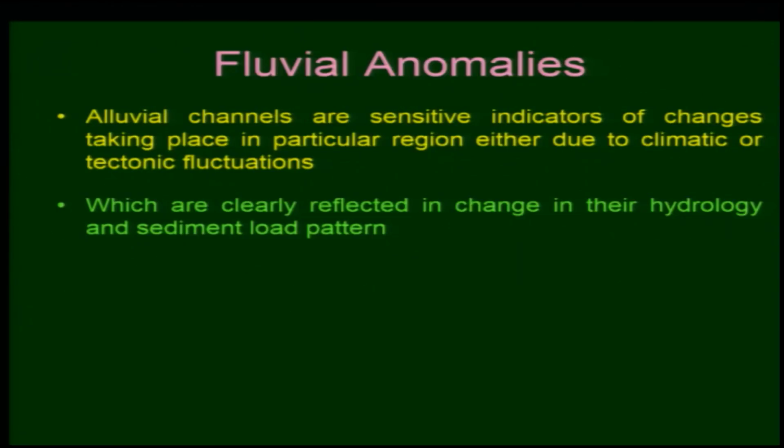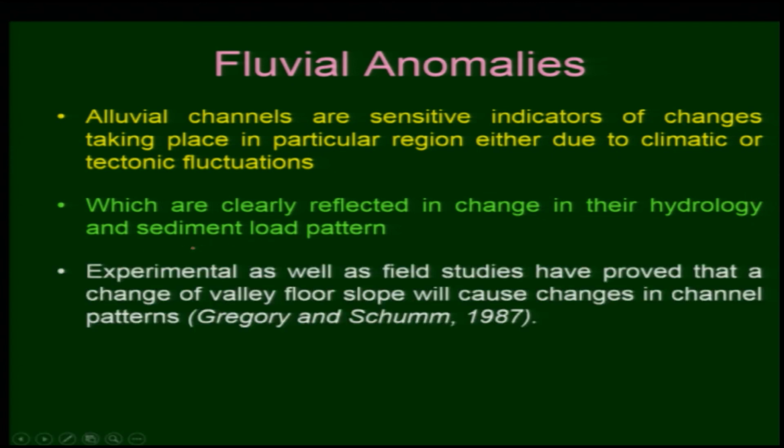This clearly reflects the changes in their hydrology and sediment load pattern. Because if you have a different climatic phase, that will definitely affect the hydrology of a particular channel, and even tectonic fluctuation is going to affect the hydrology of the channel as well as the bed load of that particular basin.